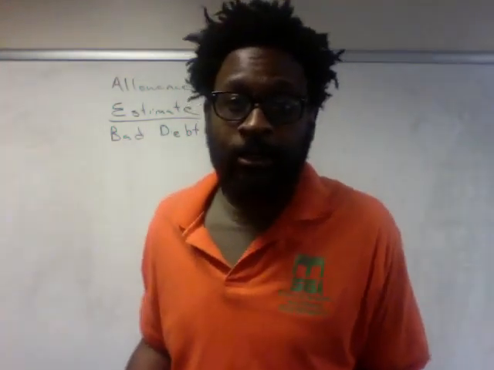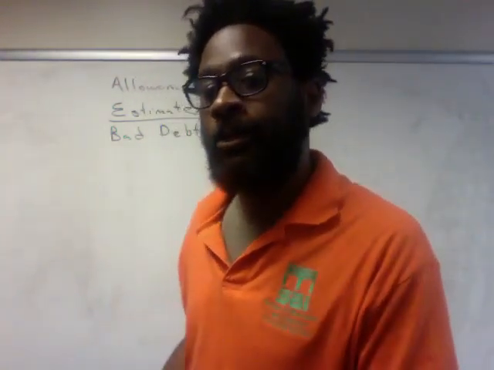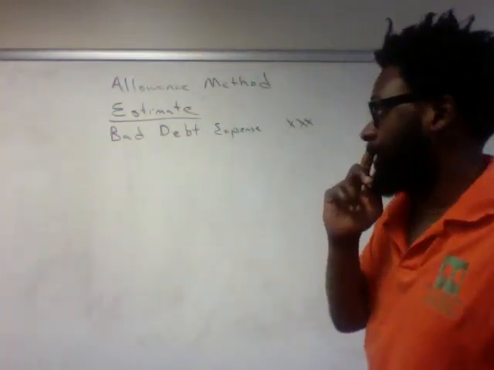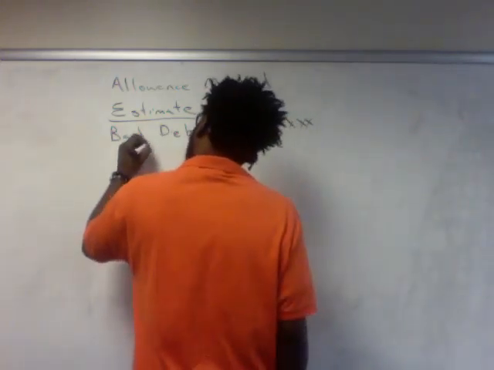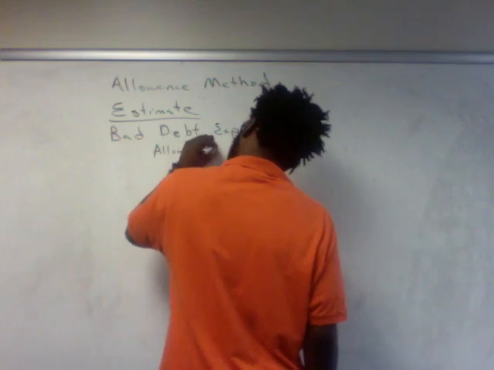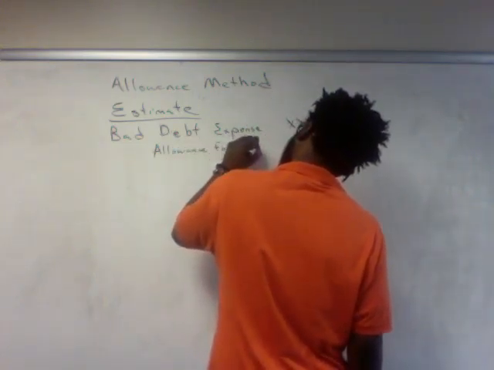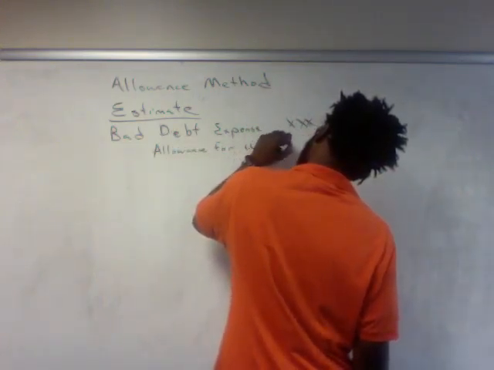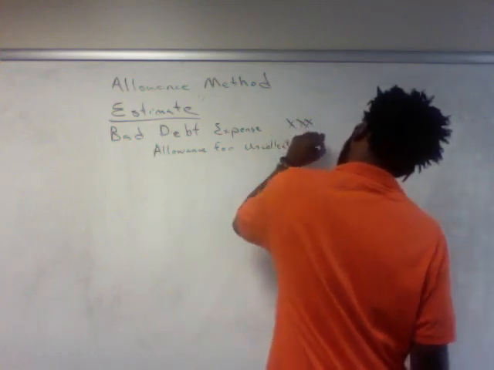Some people call it uncollectible account expense, but for right now we're going to call it bad debt expense. And we also credit allowance for uncollectible account.